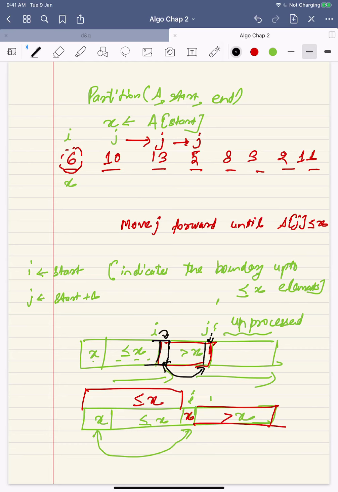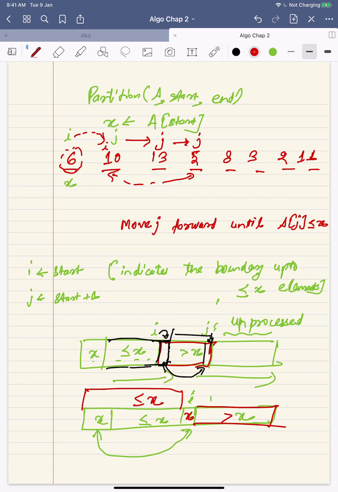So in effect what would happen, this boundary will increase by this much, everything will be less than equal to x, and from here to here things will be larger than x, and that will be resolved. So in the picture what will happen now, I'll take I to here, and I swap this with this, 10 with 5.